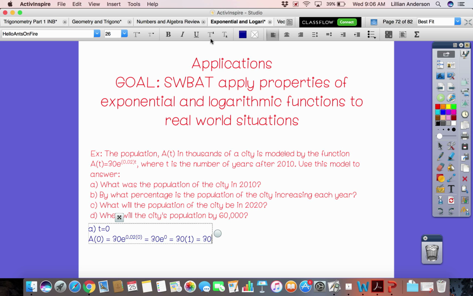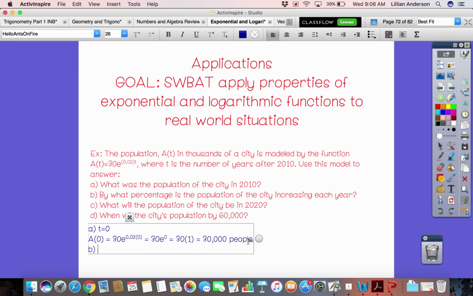So that means that there are not 30 people, but 30,000 people who are in the city in 2010, because it does say A of t is modeled in thousands. So not 30, but 30,000 people. Now for part B, it says, by what percentage is the population of the city increasing each year? So this is like one of those write down problems.